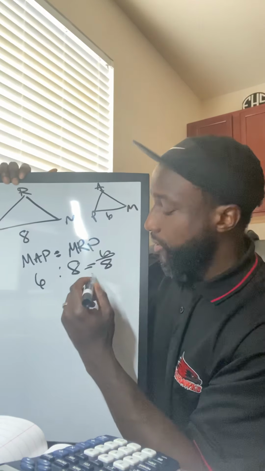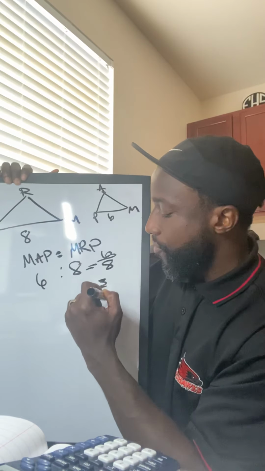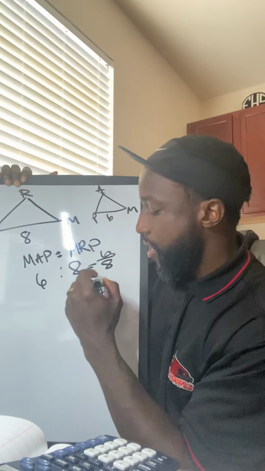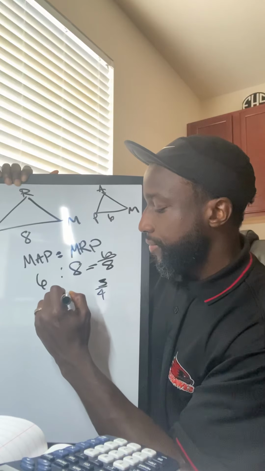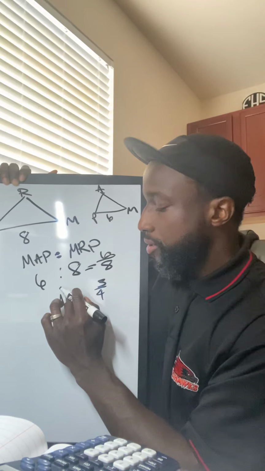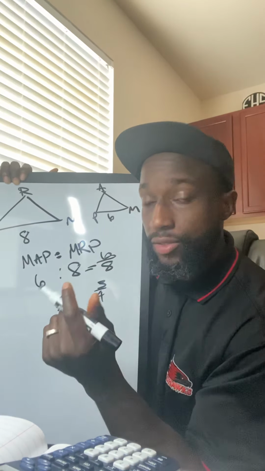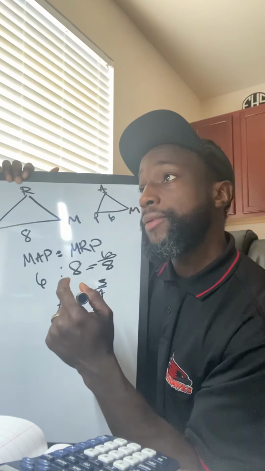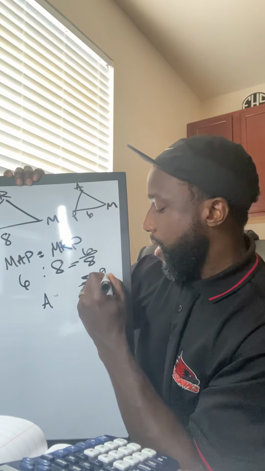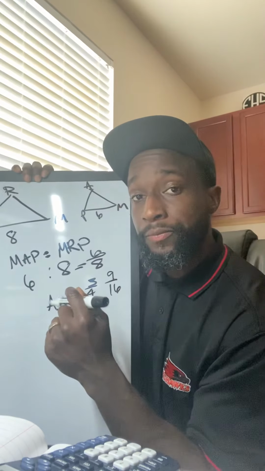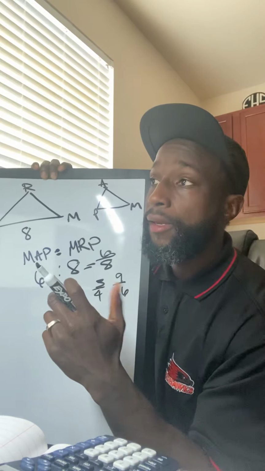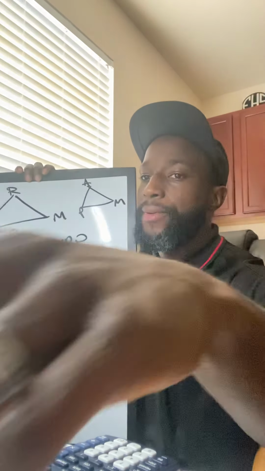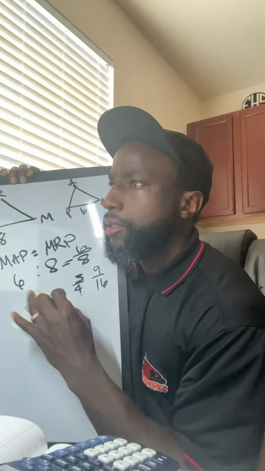So 6 over 8 is going to reduce to 3 over 4, right? Then from there, for the area, you square things. So it'll be 3 squared and 4 squared, and that's how you end up with 9 over 16. Okay? And all of this is in that paper that I just sent y'all.